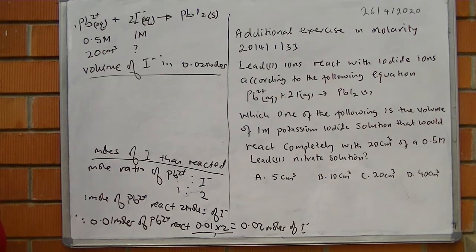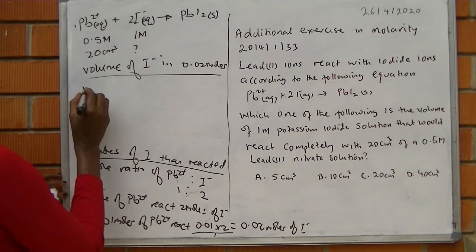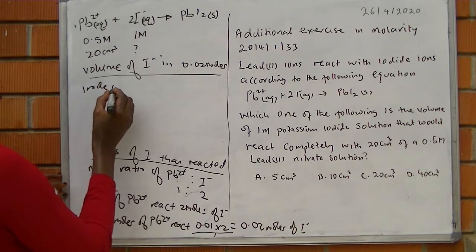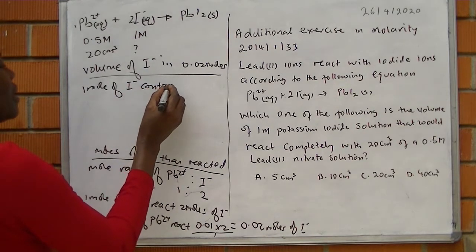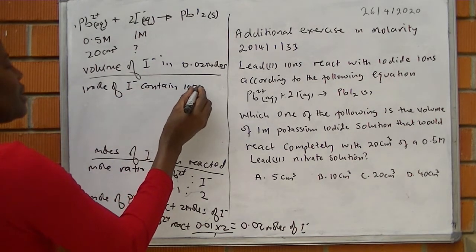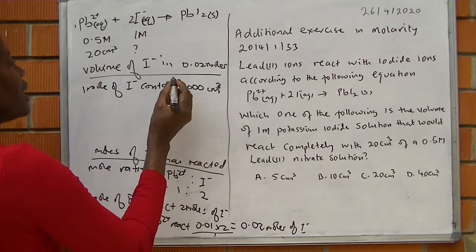And remember I told you, molarity is the number of moles in 1,000 cubic centimeters. Therefore, 1 mole of the iodide ion contains 1,000 cubic centimeters.